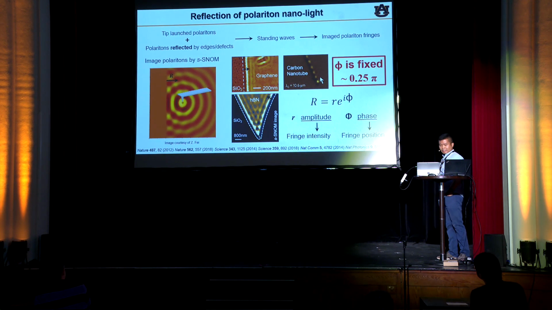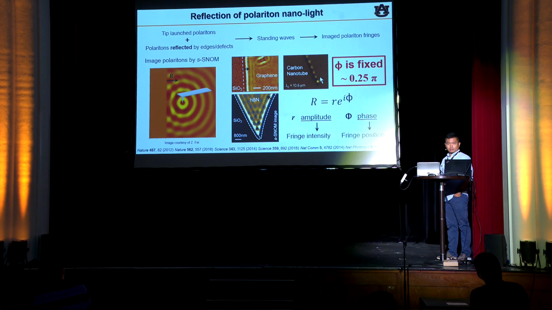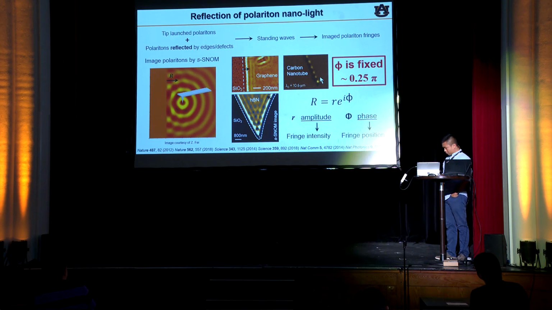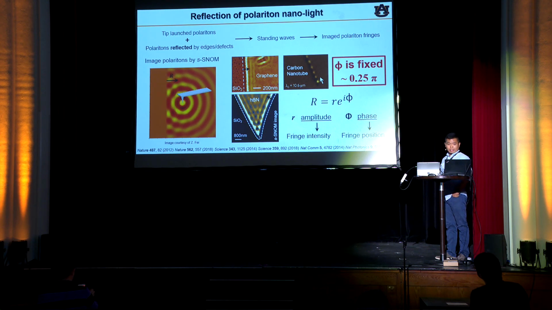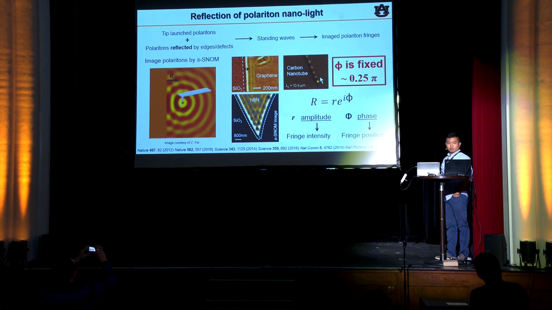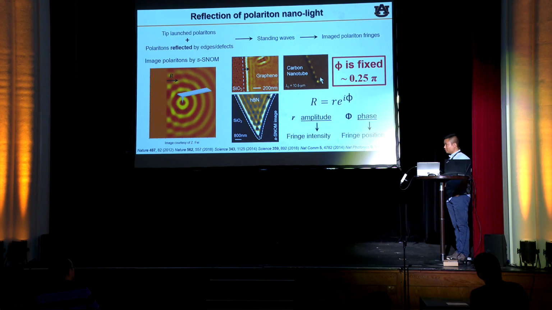All right, in addition to stacking and twisting, one could do microstructuring. What we studied is actually the reflection of polaritons, because reflection is very important. Reflection is a very fundamental parameter for light, and without reflection, you won't be able to image these polaritons, even with the best equipment.